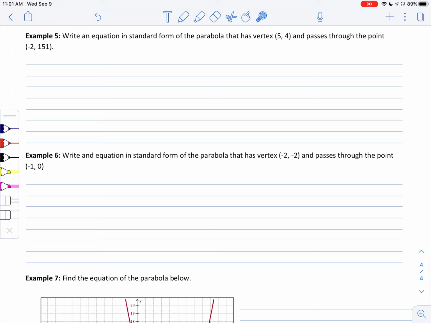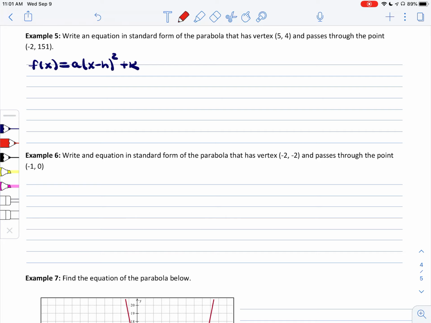All right, another thing we can do is to take information and put it together to build an equation. So example 5 here, we're given that the vertex of a parabola is at the point 5, 4, and another point on the parabola is at -2, 151. Our goal is to write the equation of this parabola in standard form, or vertex form, which is again f of x is equal to a times x minus h quantity squared plus k.